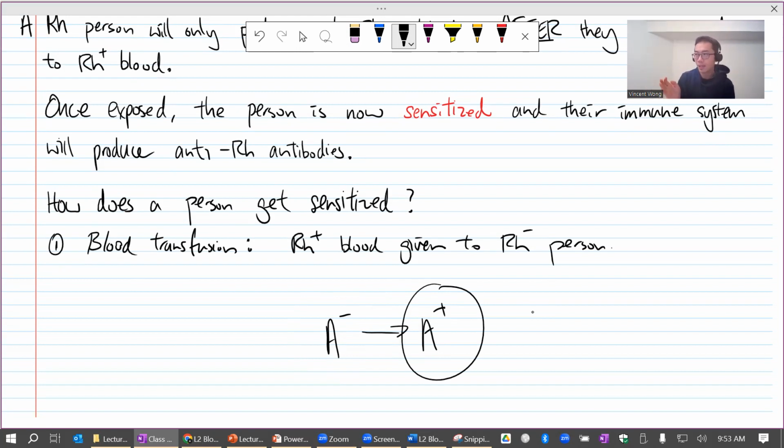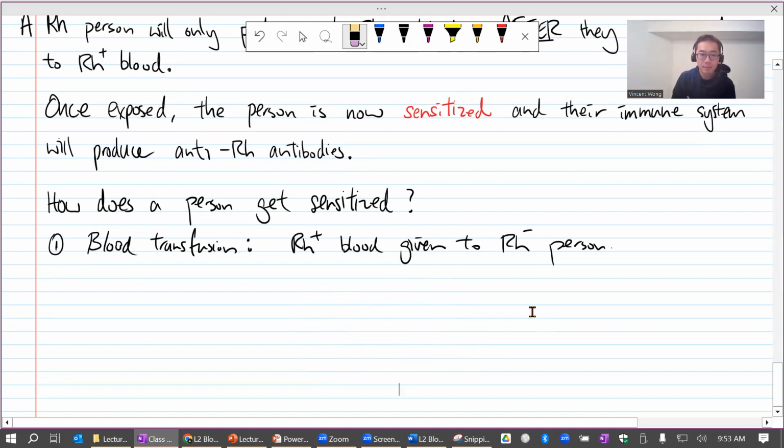But once you make antibodies, will it not start attacking the blood itself? Excellent question. We will learn this next week. It turns out you make antibodies, but you don't make them so quickly. Think about how long it takes for you to recover from a cold or even from COVID.